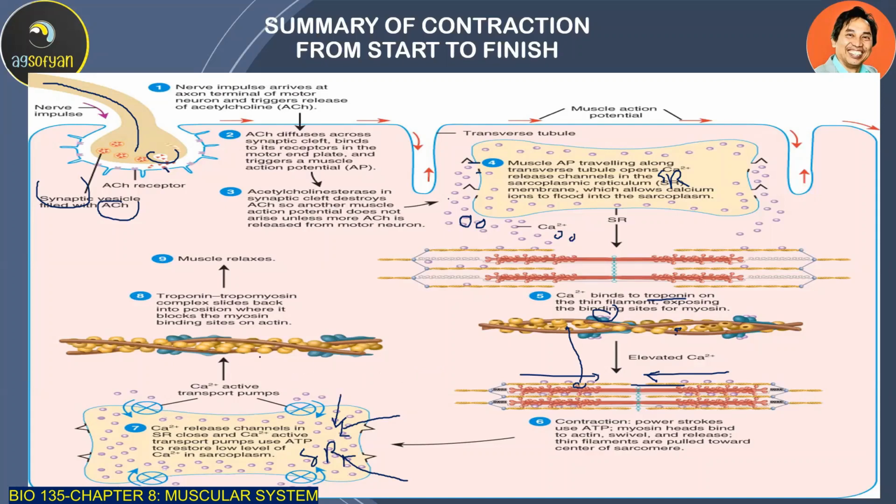The troponin will let the tropomyosin cover the myosin binding site. Therefore, the myosin head will not be able to bind to this binding site, and the muscle will be relaxed. Okay, so this is how the contraction and the relaxation occur in a muscle cell.